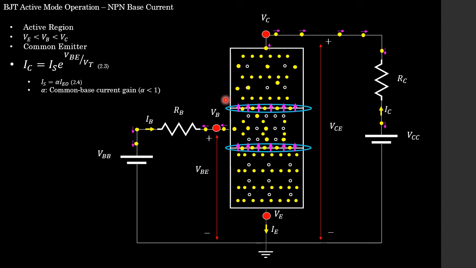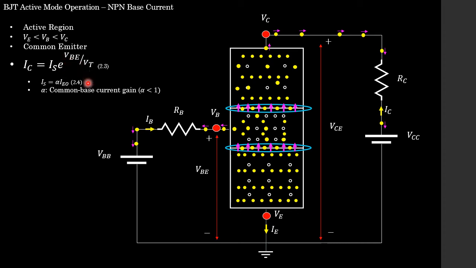And if we were to look at the expression for our collector current to relate it to this biasing voltage VBE, well, our collector current is simply equal to some factor IS multiplied by exponent VBE divided by our thermal voltage.